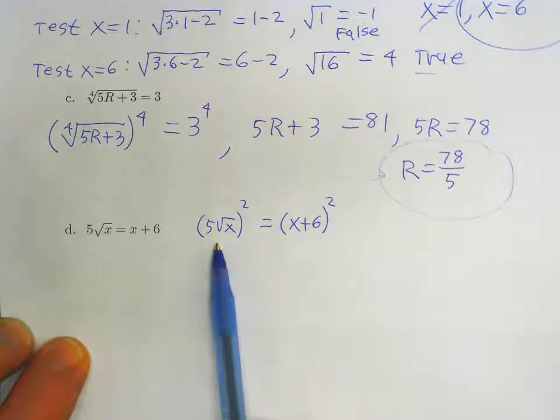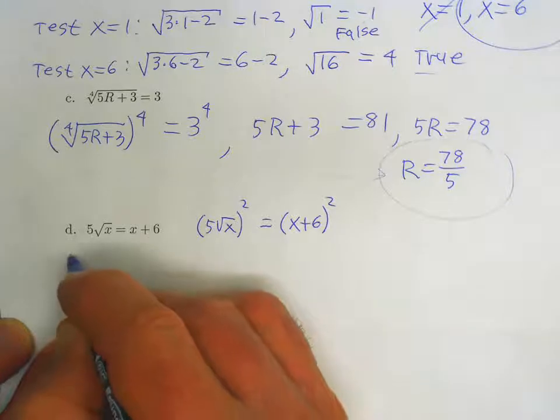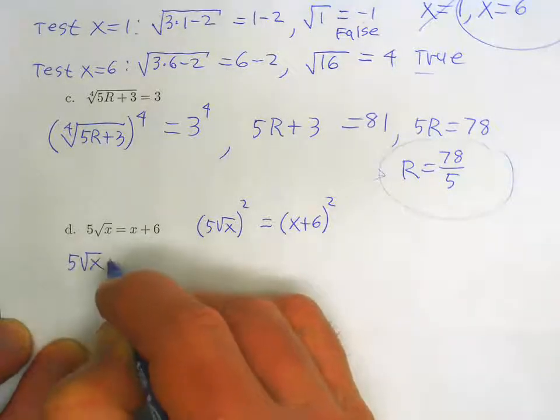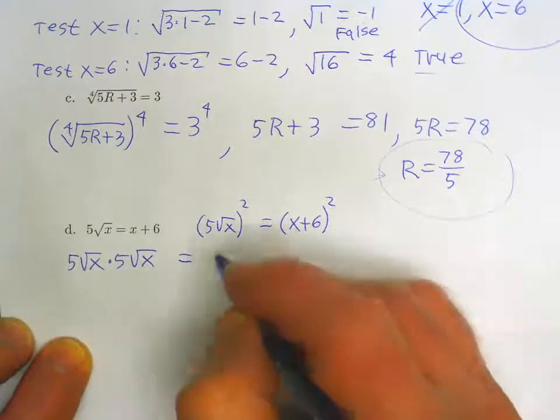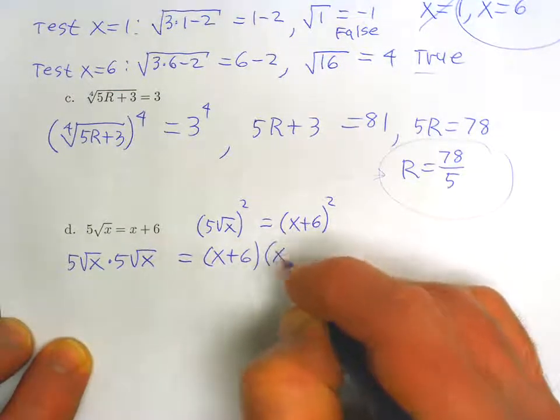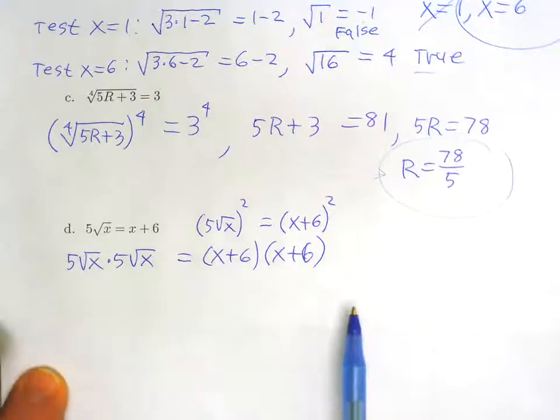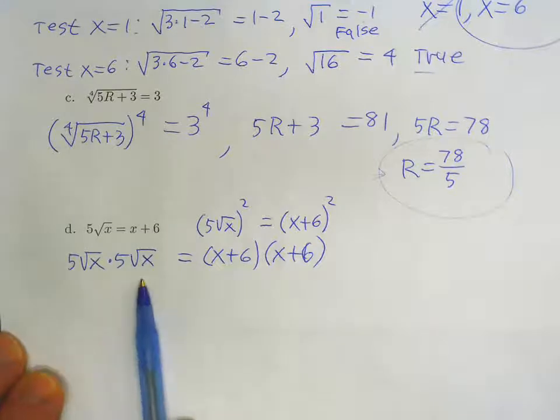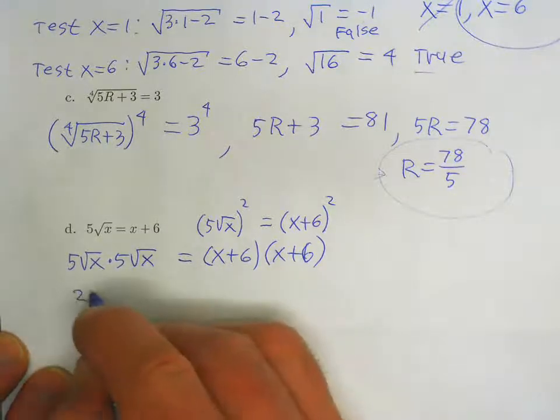And when you square 5 times the square root of x, I'll just remind you, when you square something, you multiply that something by itself. If you remember that, that might help you avoid one of the common mistakes that's made in cases like this. So 5 times the square root of x times 5 times the square root of x. 5 times 5 is 25.